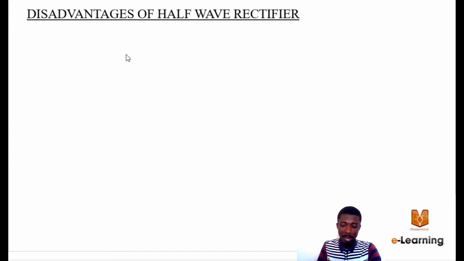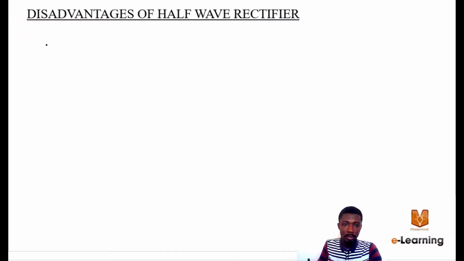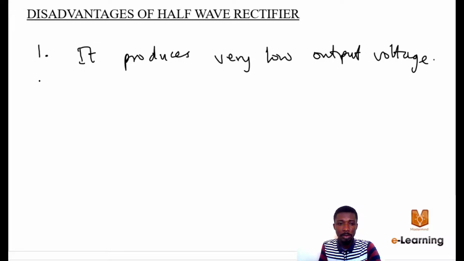Does it have any disadvantages? Yes, it has disadvantages. Part of its disadvantages is that it produces very low output voltage.